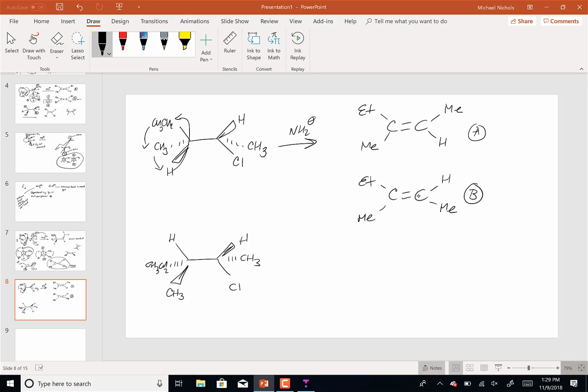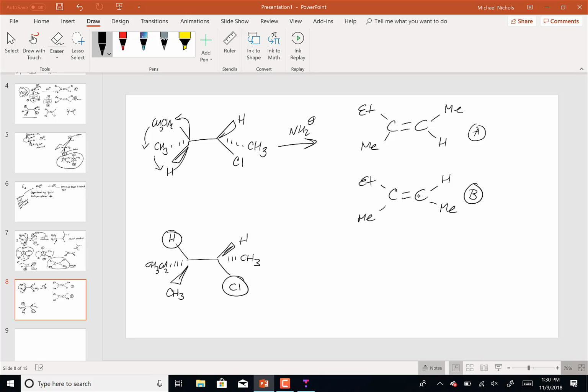Remember that this is all about the antiperiplanar transition state. It's all about the arrangement of the molecule once this hydrogen is antiperiplanar to the chlorine. Because that geometry is locked in place, it doesn't matter whether you're forming the most or the least stable product. You're going to form the product where this geometry is formed and then is lost.